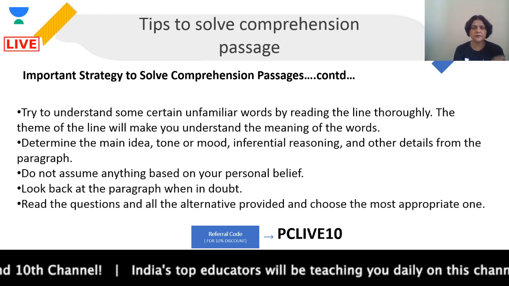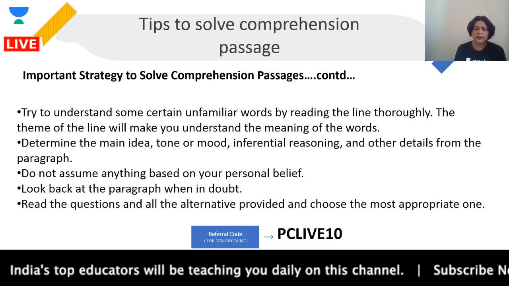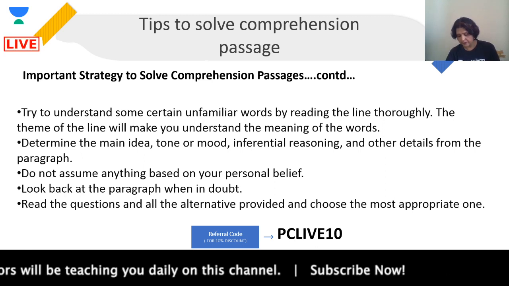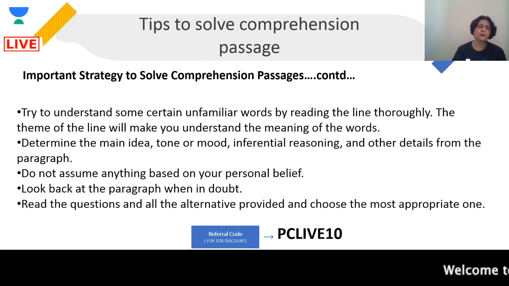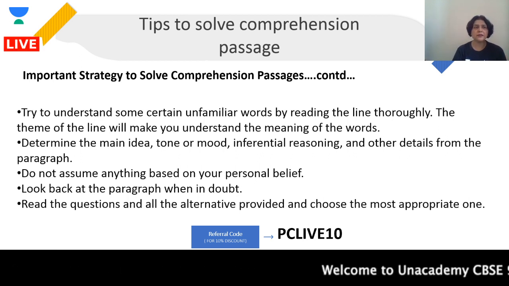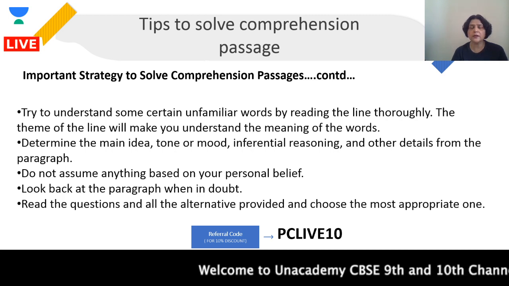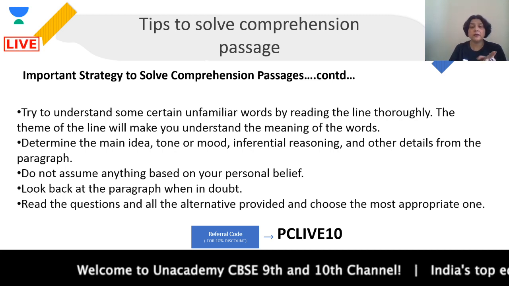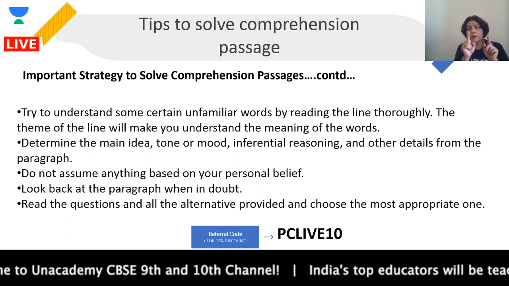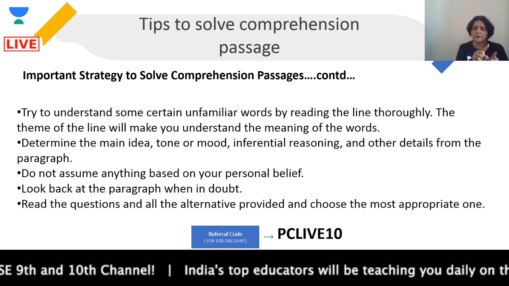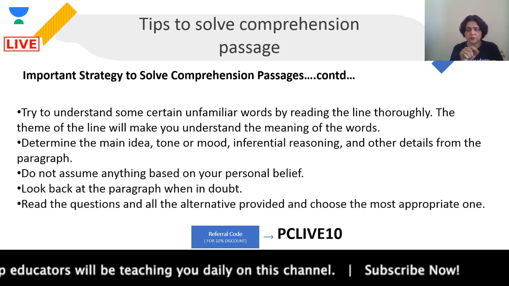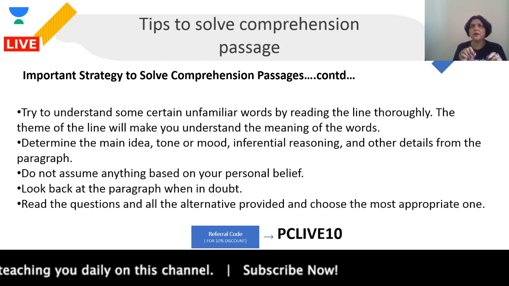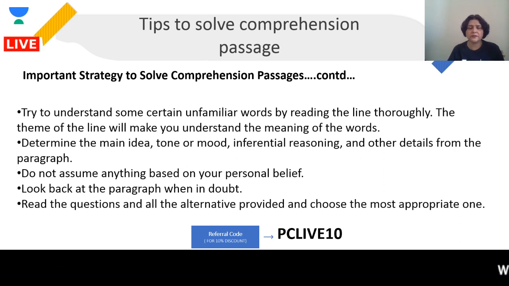Here the strategy is that you will have to read the line again and again. That's the first thing. Reading the line two to three times and understanding what it is trying to express will help you understand that this particular word probably means this, because the sentence tries to infer something or has an implicit or explicit meaning with reference to this.